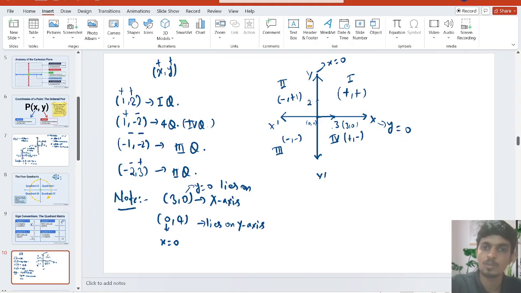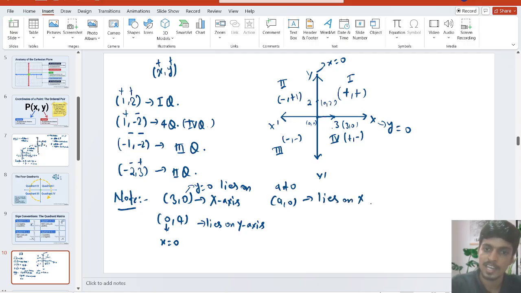To reach the point 2, we only move along the y-axis. We do not need to move along the x-axis. So here it is 0 comma 2. Here you see that the x coordinate is 0. I hope it is clear to you. And next is that if a comma 0 and a is non-zero, it lies on what?